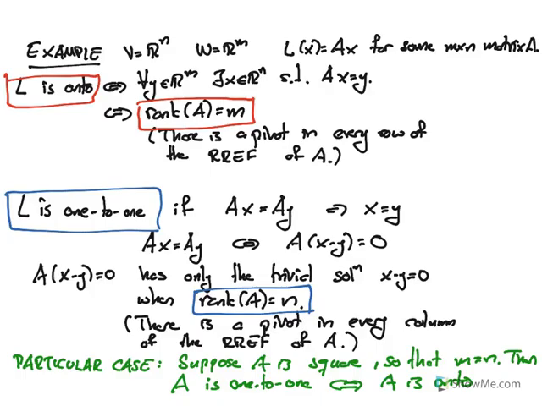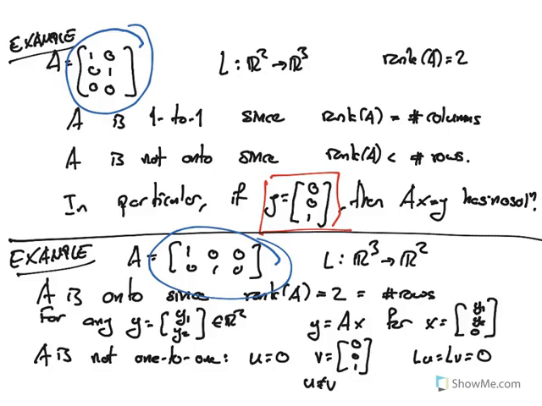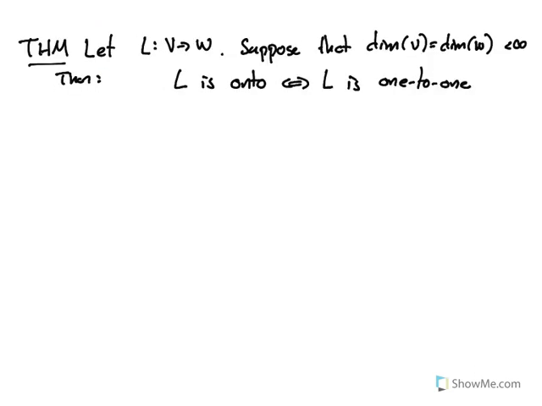And the same thing if we consider our polynomials. So over here, you notice in this example, what makes it possible for a map to be onto but not 1 to 1 is precisely that the dimension of the source space is different from the dimension of the target space. So let's prove this theorem.